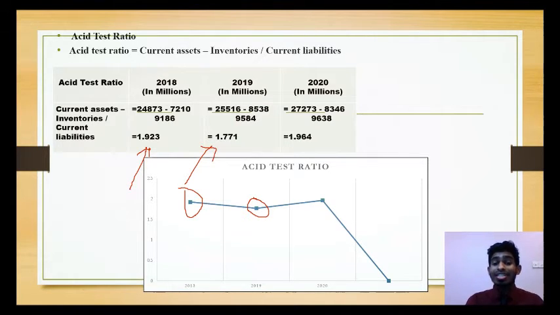Then there is a slight increase from 2019 to 2020, that is 1.771 to 1.964. From this, we can know that a ratio greater than 1.0 shows an organization has the financial assets to stay solvent for the time being.